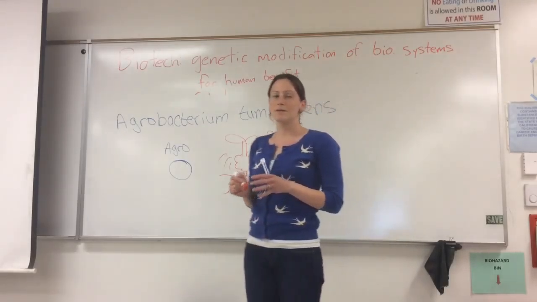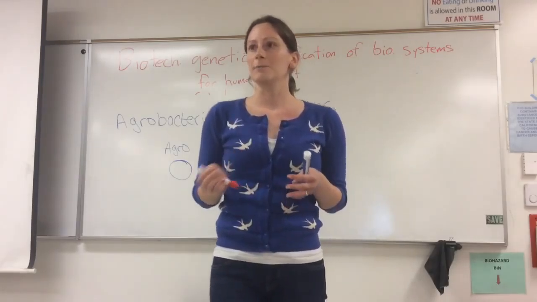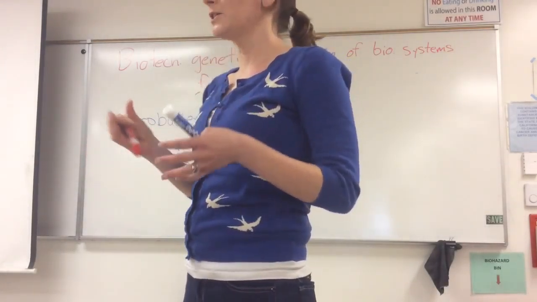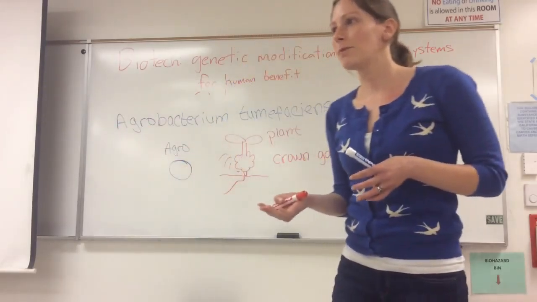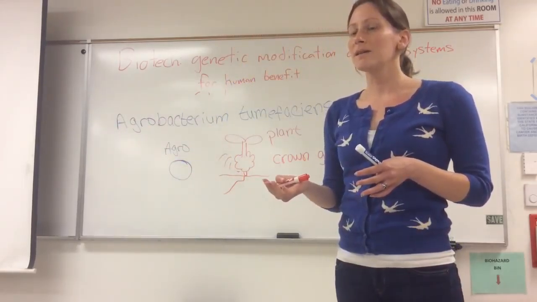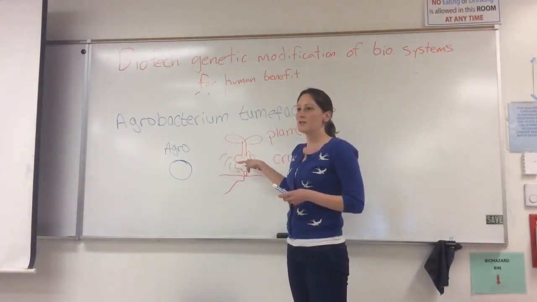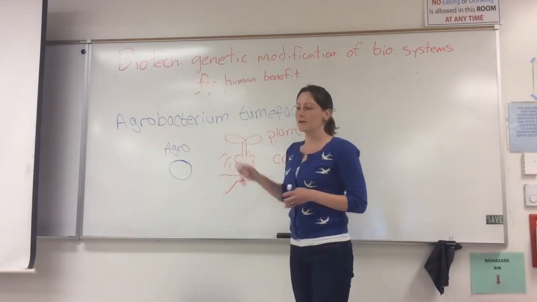So this is not typical of what you would normally think of when you're talking about a bacterial infection, right? So normally you'd think bacteria would go in, probably kill the plant. But in this case, instead of killing the plant, this interaction induces the formation of a tumor.